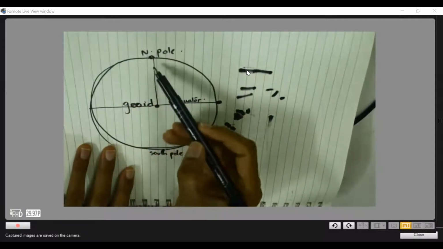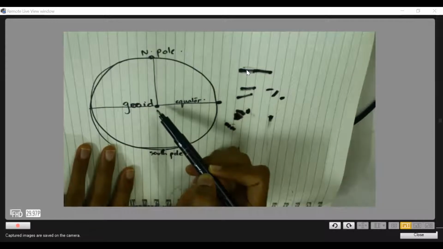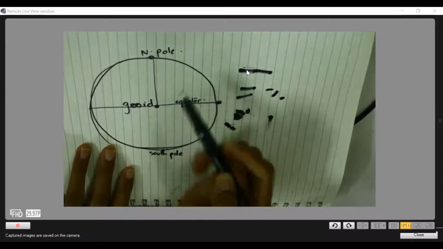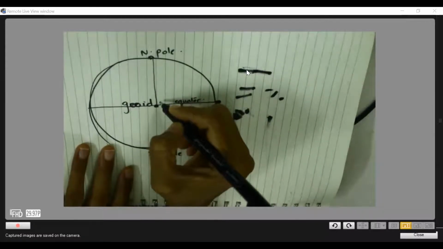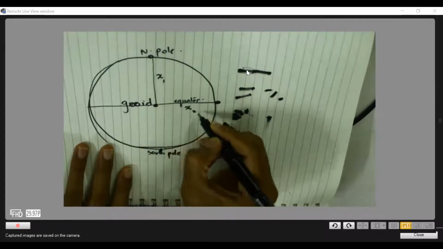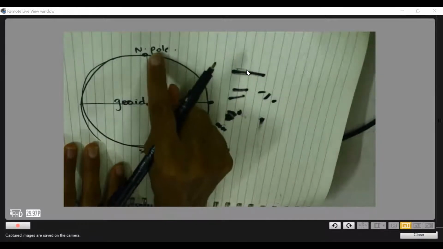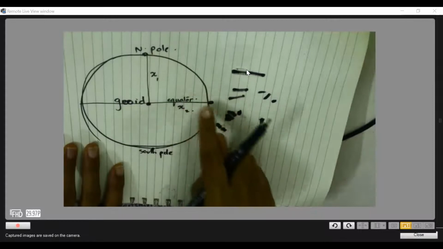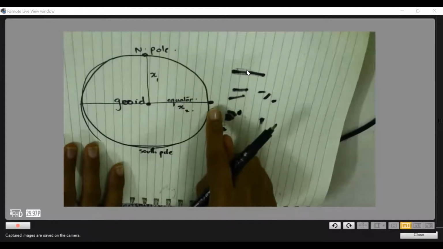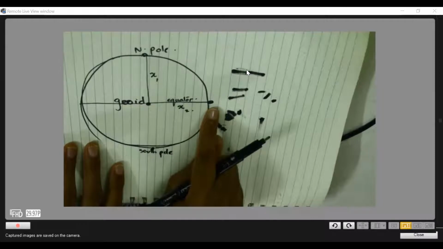Any point exactly on the north pole will be closer to the center of the earth, so this distance is going to be smaller. Therefore, the gravitational pull will be stronger here as compared to the equator. On the equator, the gravitational pull will be slightly lower because the distance from the center of the earth is greater.